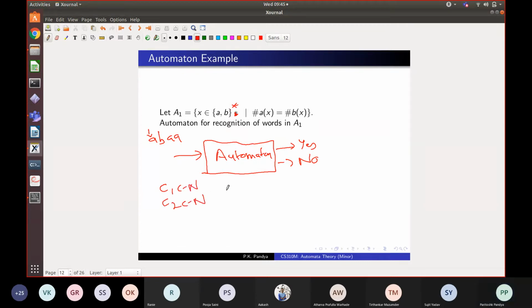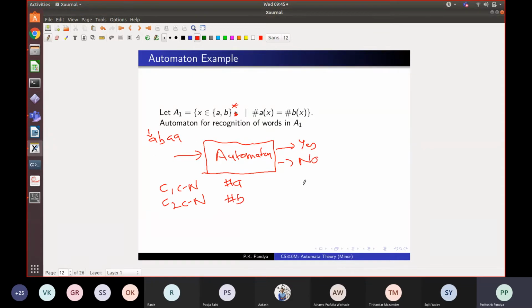These counters are initialized to 0, and every time the automaton reads the letter A, it will increment counter C1. So C1 will count the A's seen so far, and every time it sees B, it will increment the counter C2, and so C2 will count the number of B's so far.